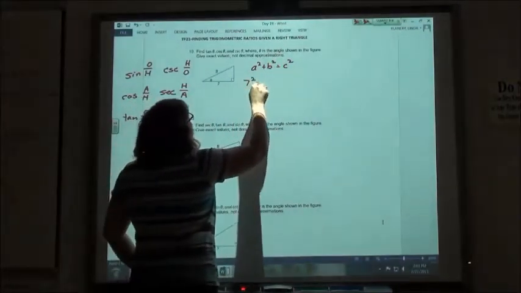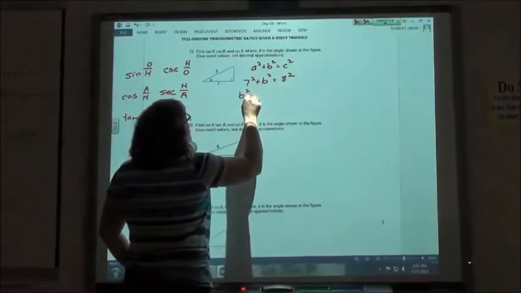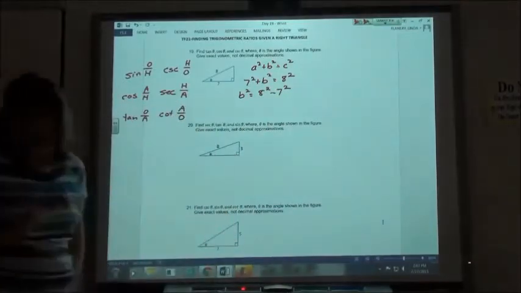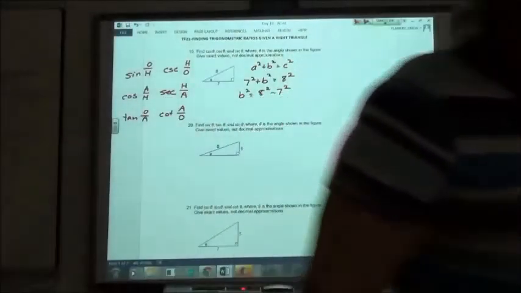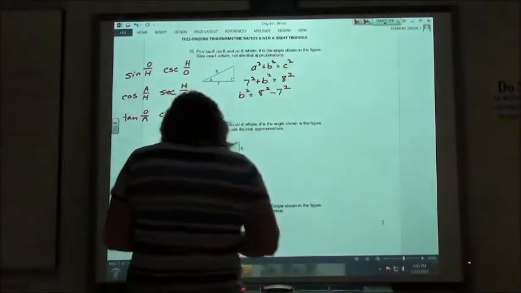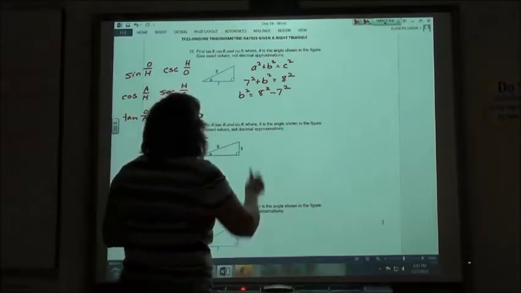So 7 squared plus b squared equals 8 squared. B squared then is going to be 8 squared minus 7 squared. I always am hiding my calculator. So 8 squared minus 7 squared is 15.